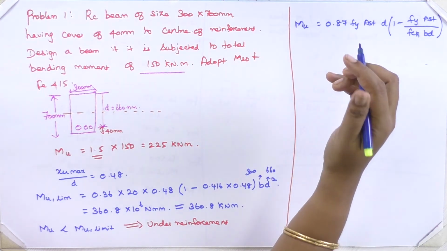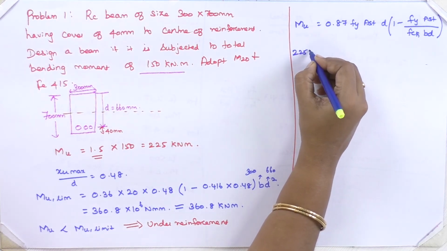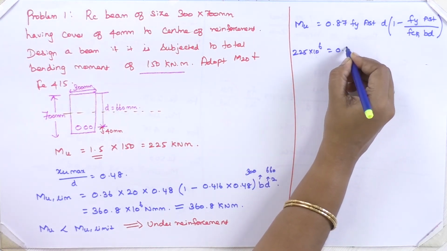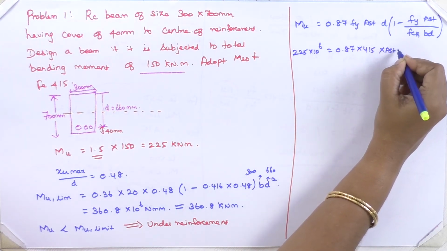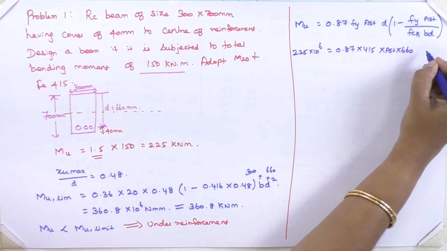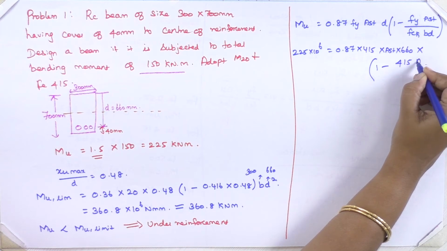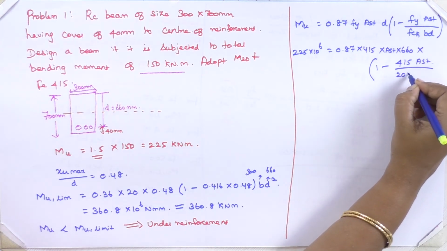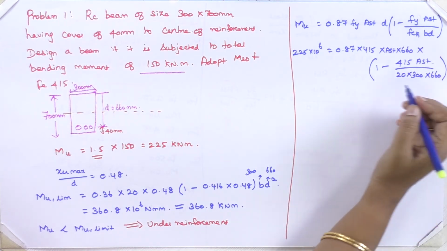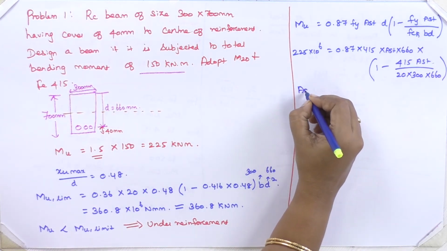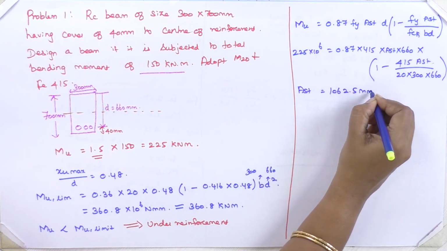So if you substitute Mu, that is 225 into 10 power 6, equal to 0.87 into 415 into Ast into 660, into 1 minus 415 Ast divided by 20 into 300 into 660, you will get Ast as 1062.5 mm square.